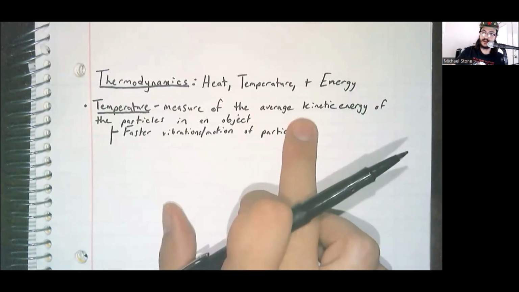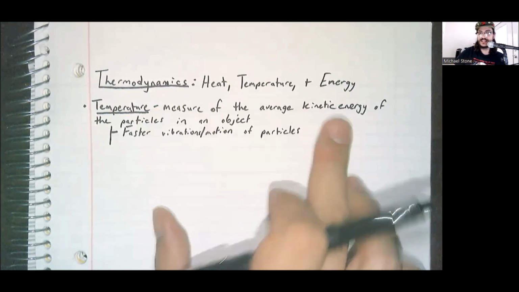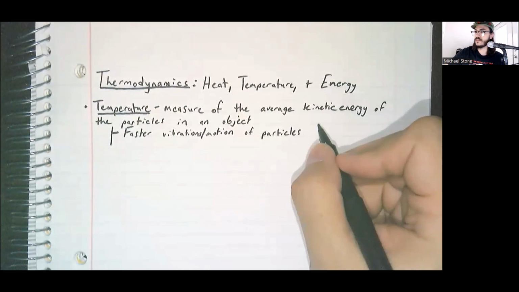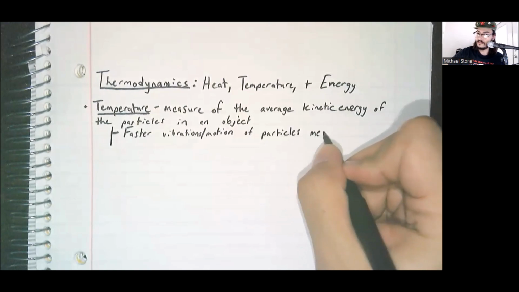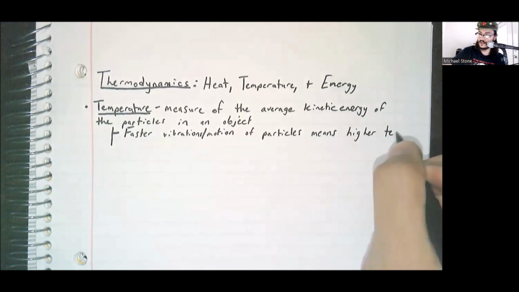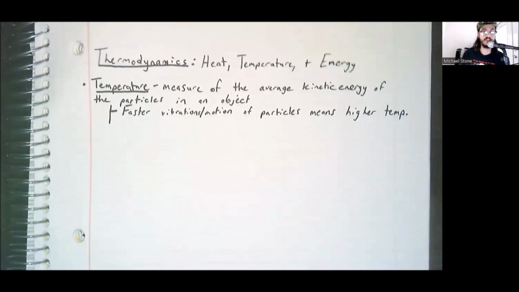Kinetic energy's average would go up when the value goes up. So your temperature gets higher. So faster vibrations means higher temperature. And therefore, slower motion corresponds to a lower temperature.